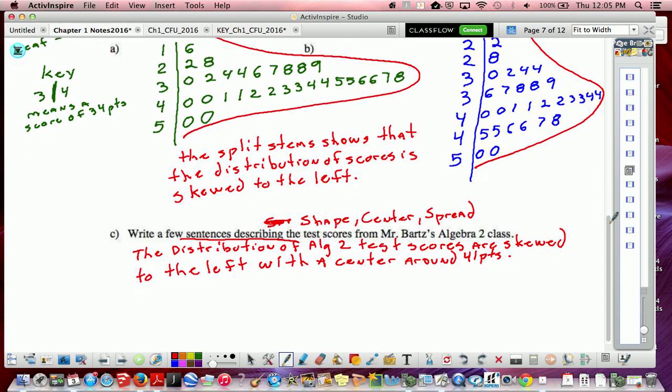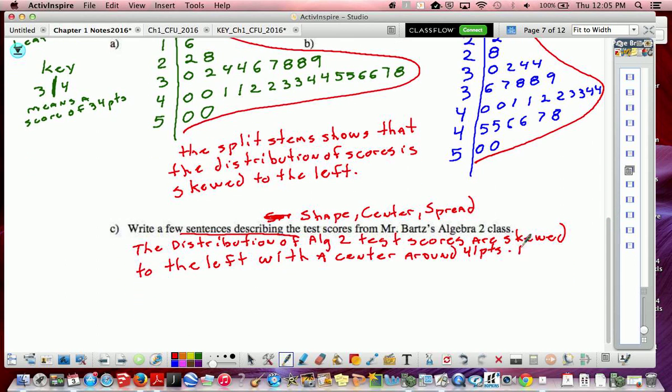Where does the spread of scores go from? The spread of scores goes from the low of 16 to 50 points. Any of these scores seem to be an outlier?